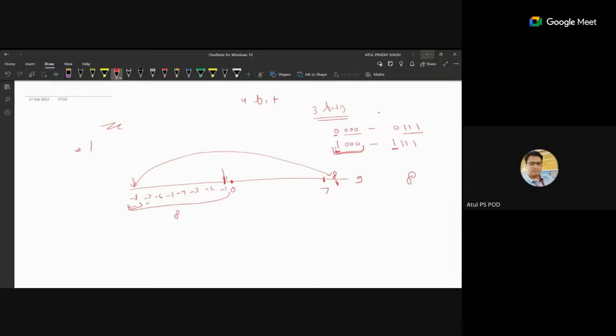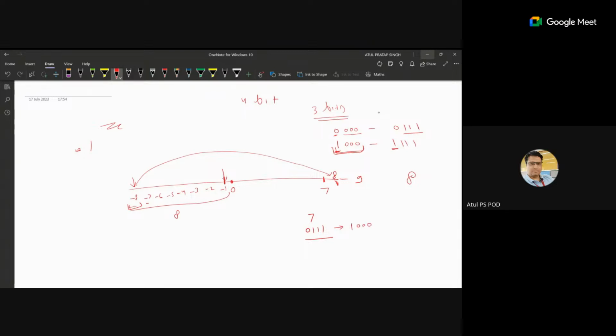In the 2s complement, we convert the binary number into its 1s complement and add 1. Suppose we calculate the negative number for 7. 7 we can write as 0 1 1 1, correct? When we convert into a negative number, we first take the 1s complement, which is 1 0 0 0.